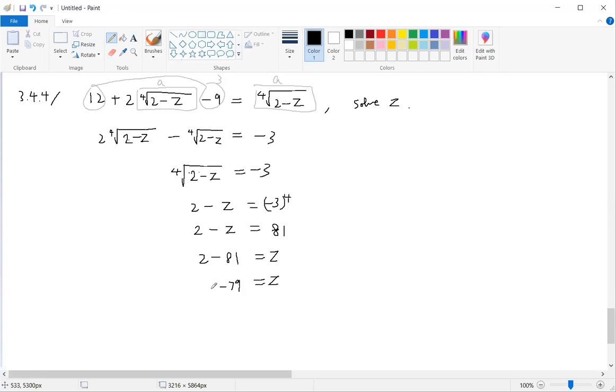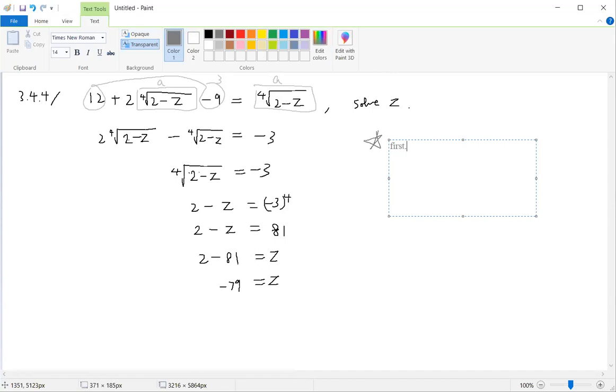Now, especially this one I didn't tell you, but I will tell you now. First of all, when you solve an equation, you can check if it works. When we solve any equations, we can substitute the solution back to see if it satisfies the equation.